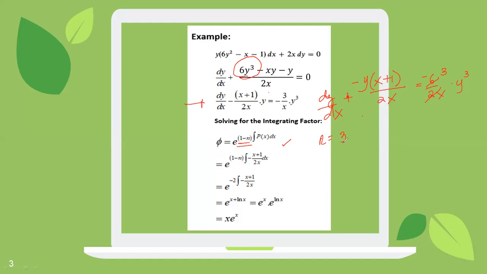So you have here a 3 for the n. Where did you get that, Miss Ali, in here? And so you have e raised to 1 minus 3. So that would be negative 2.